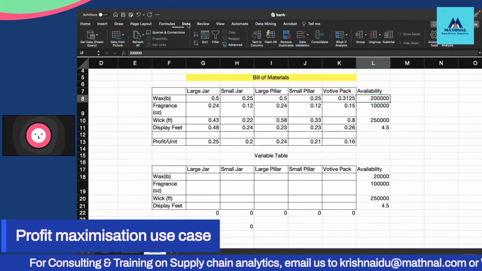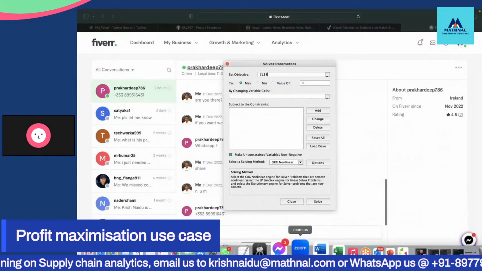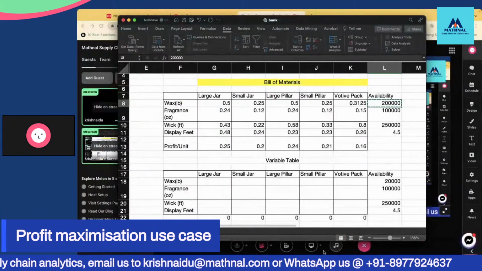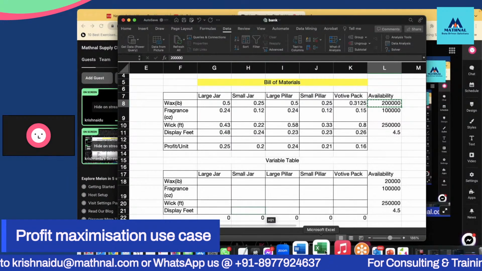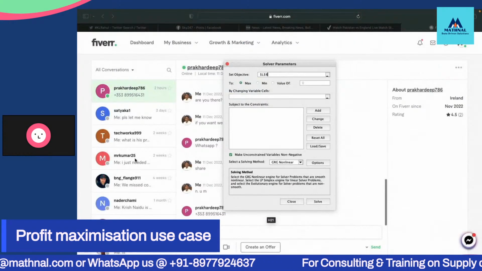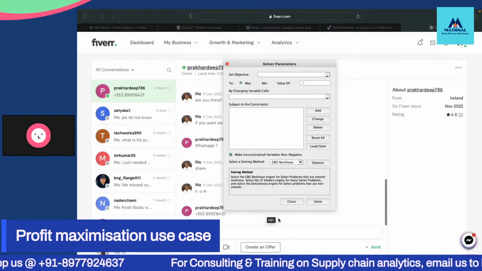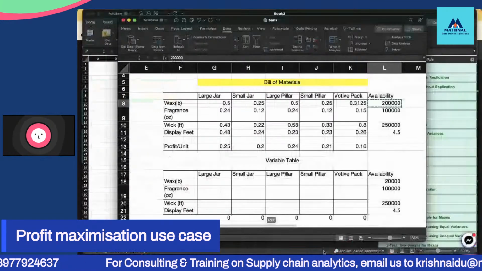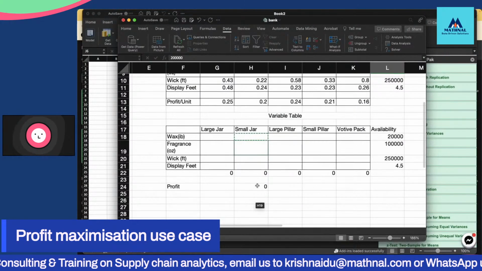I'll go to Data, I'll go to Solver. The first thing I'll pick is the objective. This is our objective, that is profit.